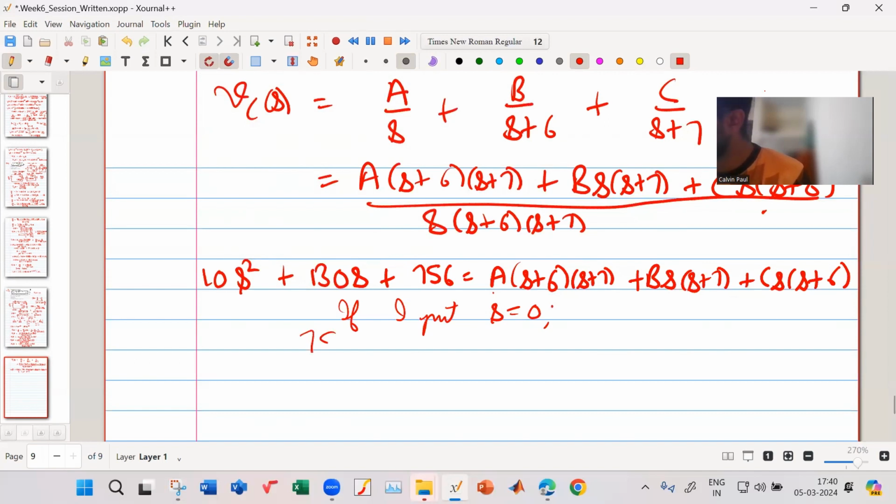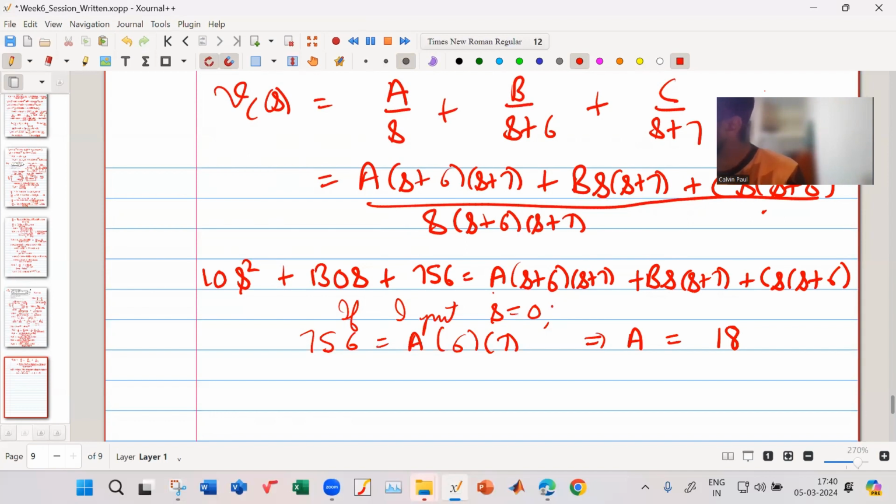So this becomes 756 is equal to A into 6 into 7. So A is equal to 756 divided by 6 divided by 7, which comes out to be 18. So simple: if I want to find A, I try to eliminate B and C, and if I put S equal to 0, they get eliminated.